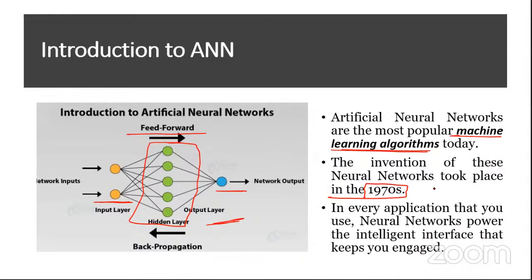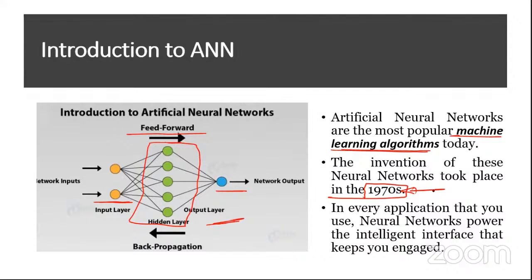One important fact is that this area is not new. Artificial neural network was invented in the 1970s, but it was not so popular until 2005. The reason is that in the case of ANN, huge computational power is required.